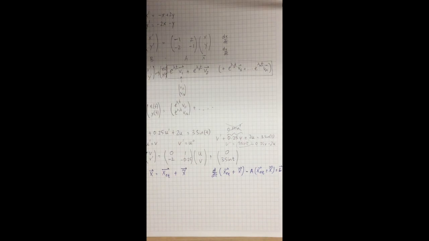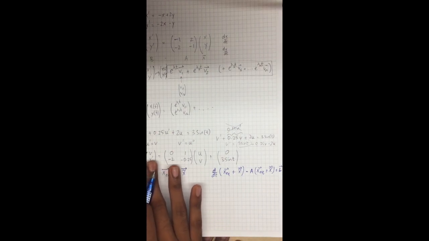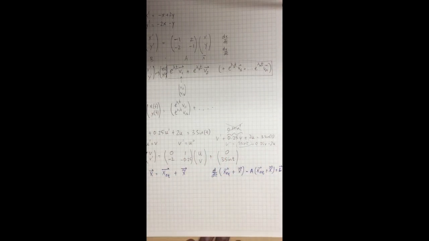This is because we are saying the x prime vector is this one. So that's how this equation gets formed.